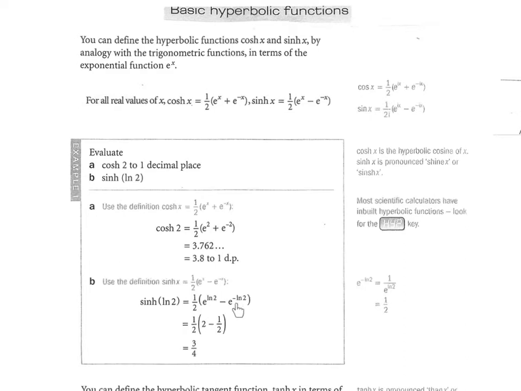And e to the minus log 2 is 1 over e to the log 2, and e to the log 2 is just 2. The exponential and the log function cancel each other out. They're inverses of one another. And so we're just left with a 2. So we've got 2 minus a half here, and then we multiply it by a half, so we get 3/4. So we can use these definitions of cosh x and sinh x to evaluate things like this.